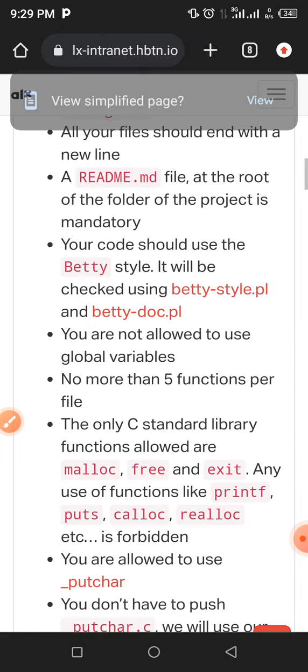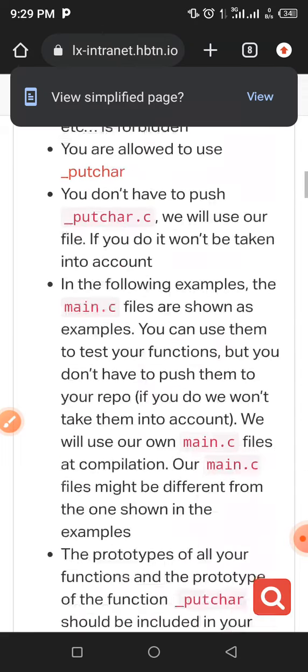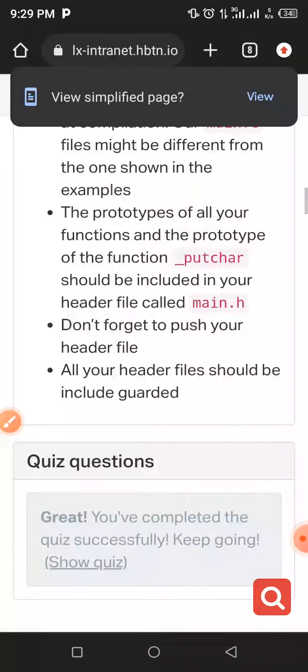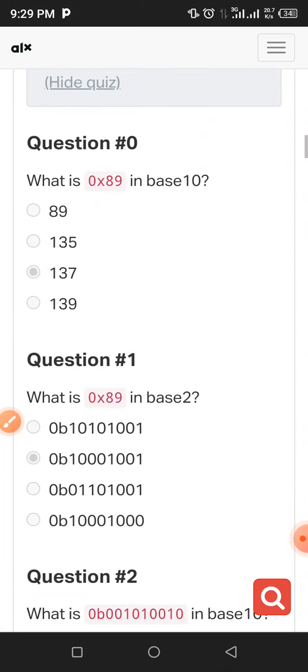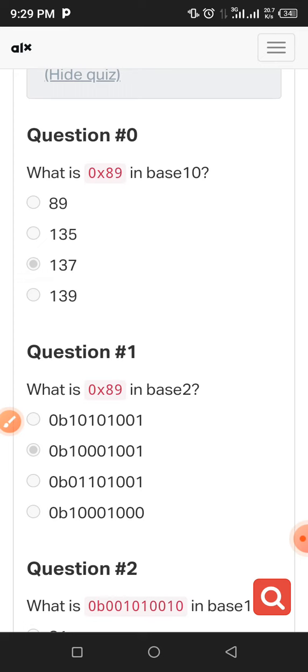We have 0x89, and we are asked to write this in base 10. And how can we do that?